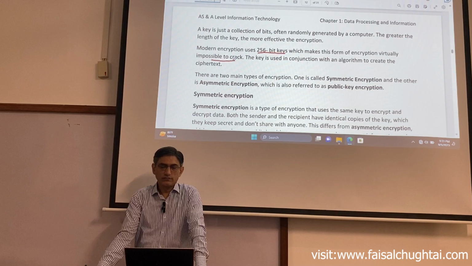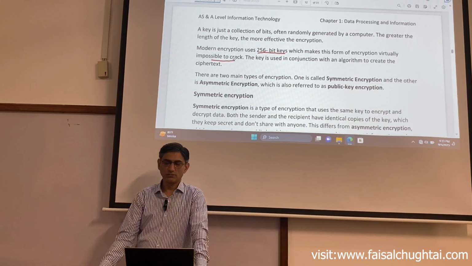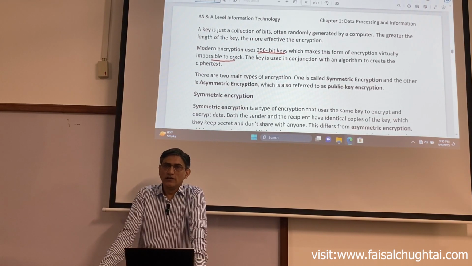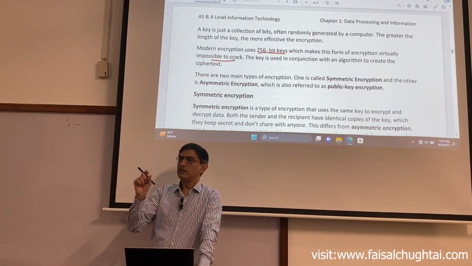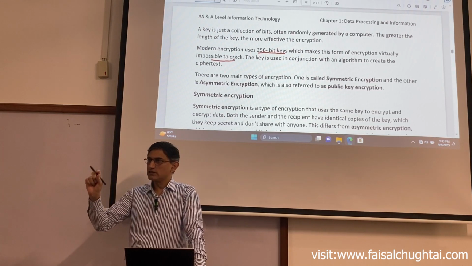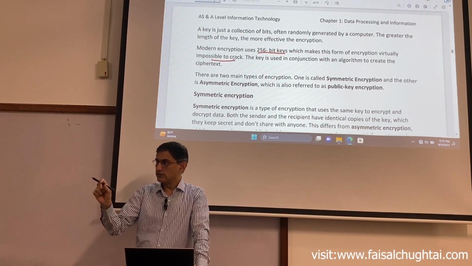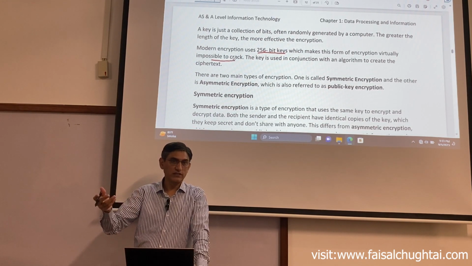In other words, computer science students would understand this better, what is meant by 256-bit, but I'll try to briefly touch upon it. 256-bit would mean that 256 bits have been used to form the combination that you would be using to represent data.